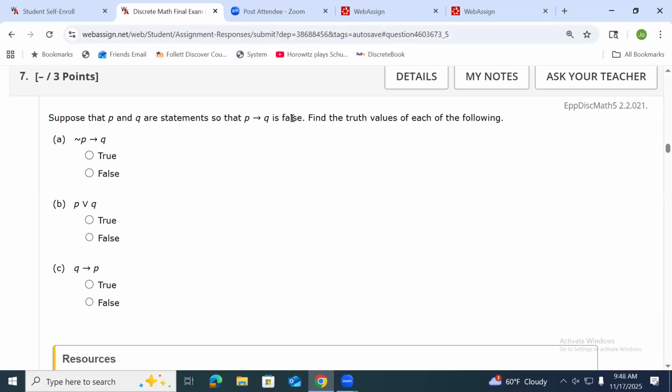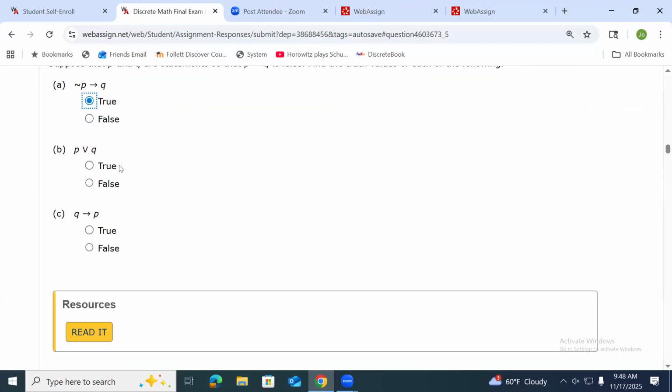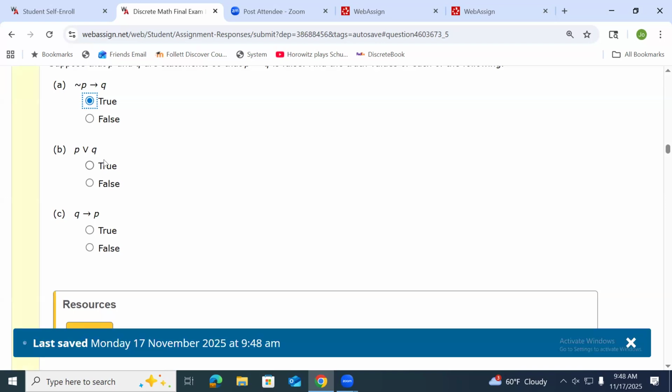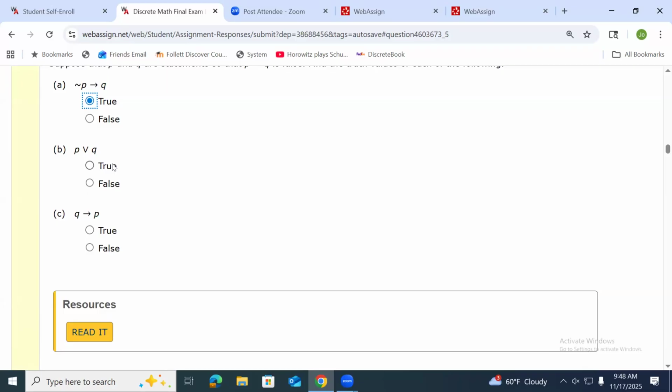Because the only time an implication can be false is if the first part is true and the second part's false. So if the first part is not true, then it's automatically true. Okay, what about the next part? Well, we know P is true, and we know that an OR is always true unless they're both false. So since P is true, we know that the OR is true because they're not both false.